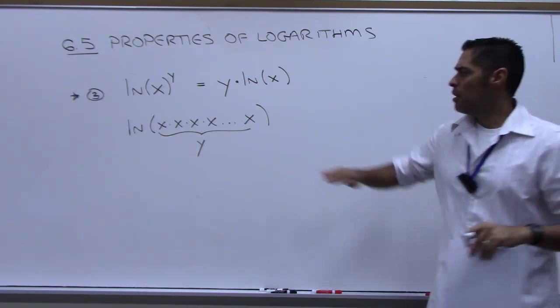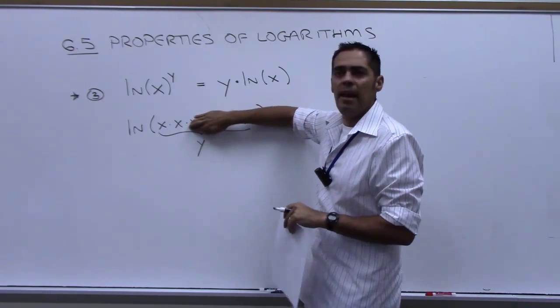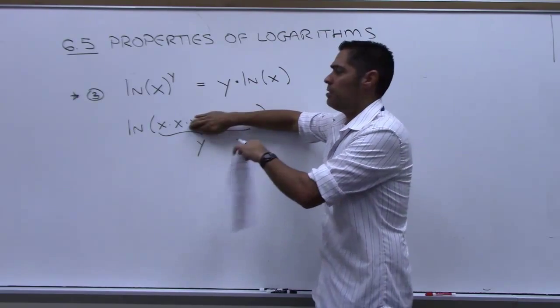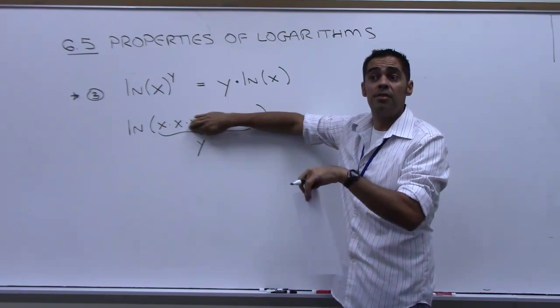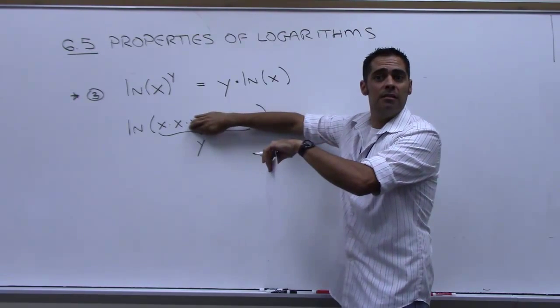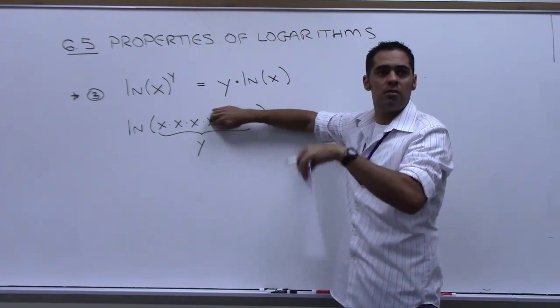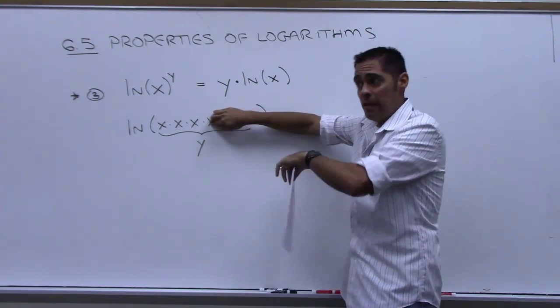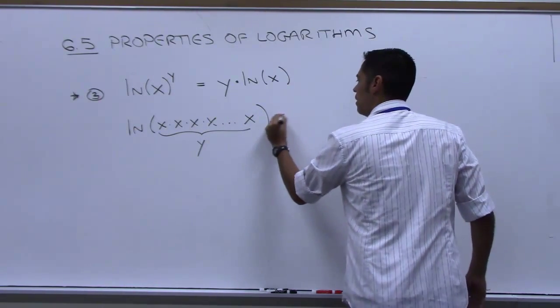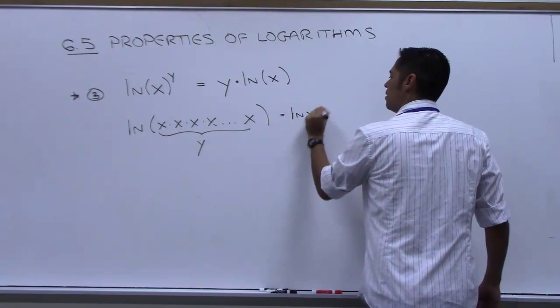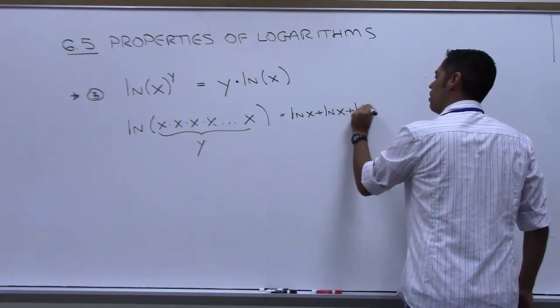Addition, right? So when I had two things inside, like x and x, I could turn this into natural log of x plus natural log of x, right? But if I have three of them, natural log of x plus natural log of x plus natural log of x. If I do y of them, then I should have natural log x plus natural log x plus and so on.